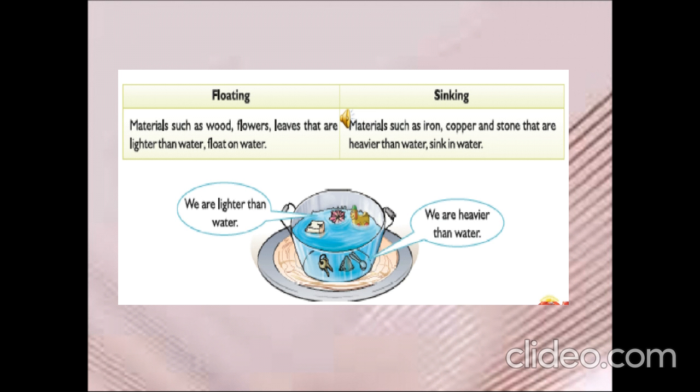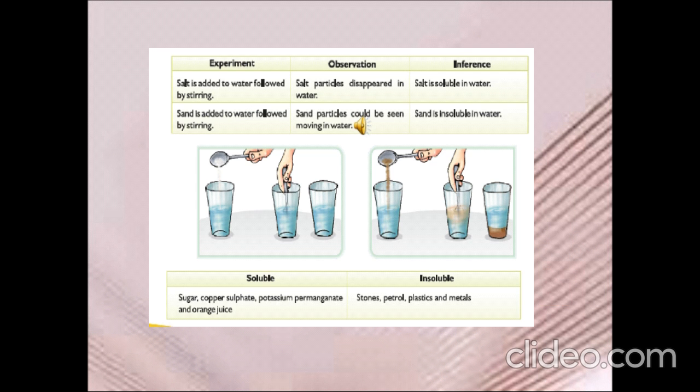Right? And solubility. If you put some salt in the water, it starts to dissolve easily. But if you put some sand in the water, it won't dissolve. It is an insoluble material. Based on this, we can distinguish different materials, right?